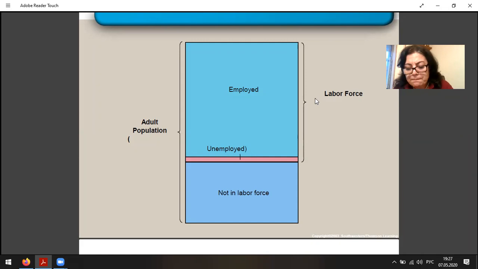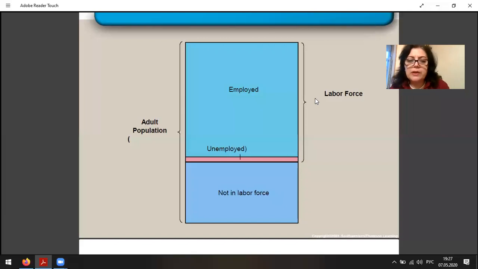Okun's law asserts that for every 1% of difference between the actual unemployment rate and the natural rate of unemployment, there is about a 2.5% GDP gap. But the question you have to ask me is, what is the GDP gap? The GDP gap is the difference between the potential GDP of the country and the real GDP of the country.